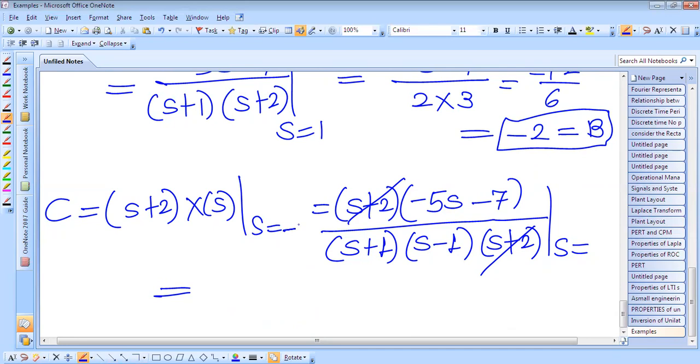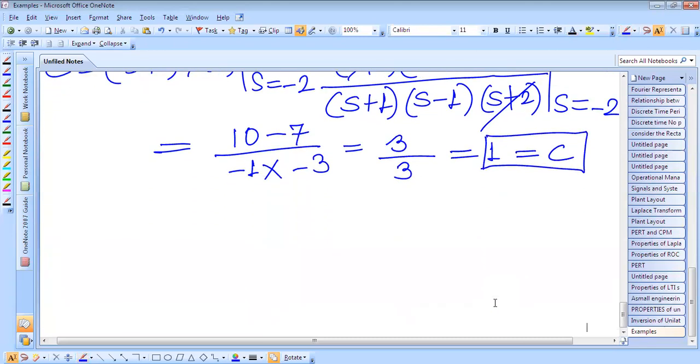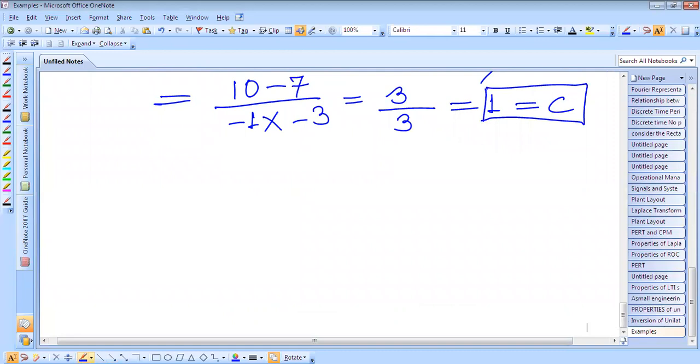Put here s is equal to minus 2, and therefore minus 2 into minus 5 is 10, minus 7, and this is minus 2 plus 1, which is minus 1, into minus 2 minus 1, which is minus 3, and therefore this is 3 divided by 3, and this value is coming equal to 1, and therefore this is C. So what is the value of C here? It is 1.